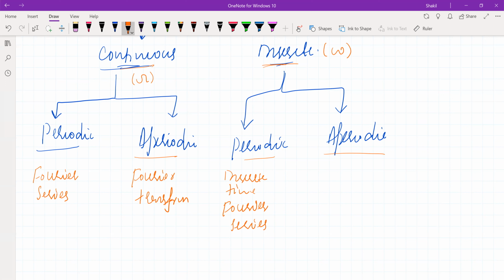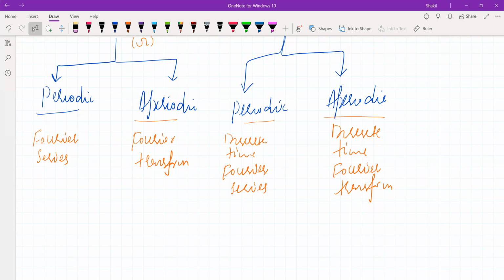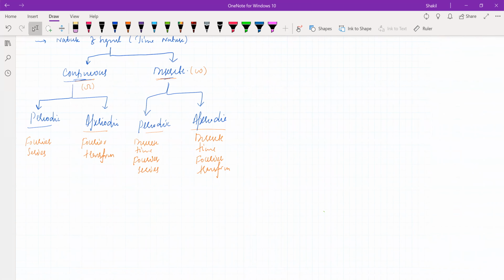If it is discrete but aperiodic, it is referred to as discrete time Fourier transform. Right? So based on this, we have four Fourier representations.